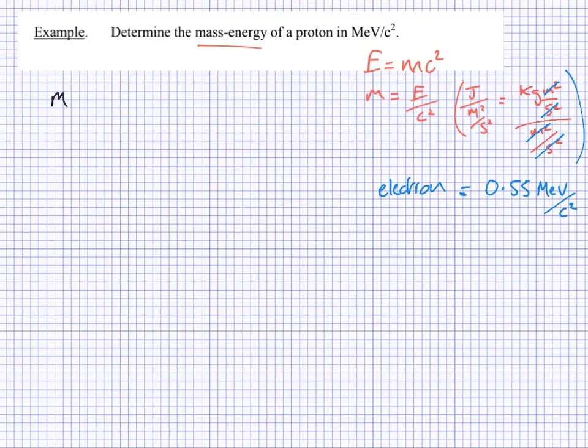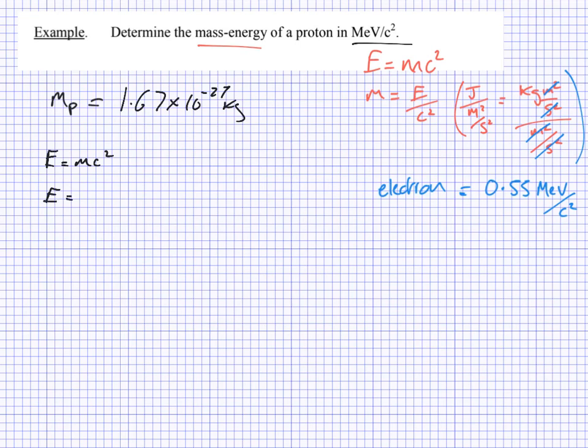So the mass of a proton, according to your data sheet, in kilograms is 1.67 times 10 to the negative 27 kilograms. That's in kilograms. We need it to be in MeV per c squared. So let's look at our E equals mc squared equation. How much energy does that have?